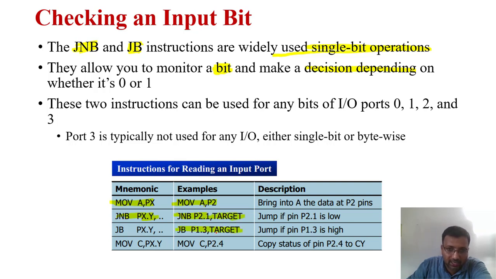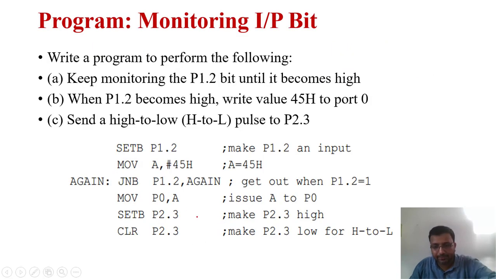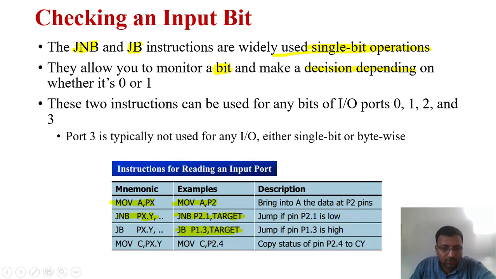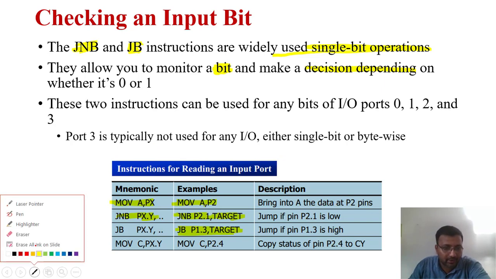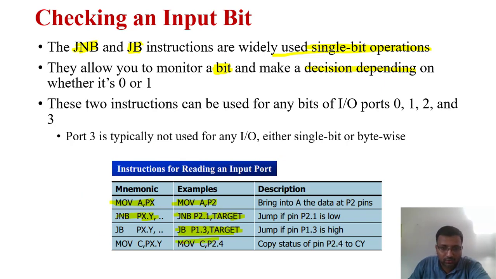JB P1.3, target: if there is a bit on P1.3, it will jump to the target. MOV C, P2.4 copies the status of P2.4 into the carry. Like this we can use these instructions.